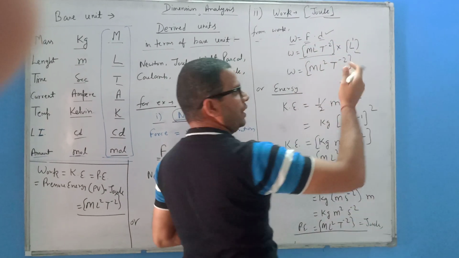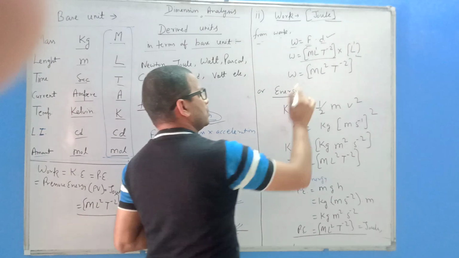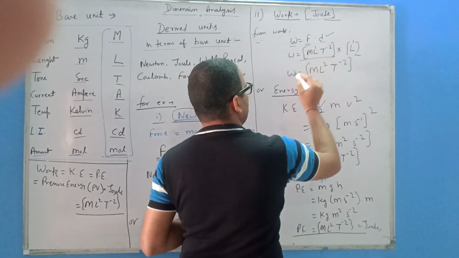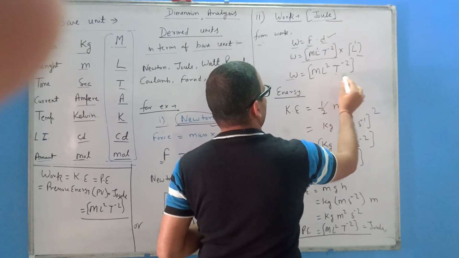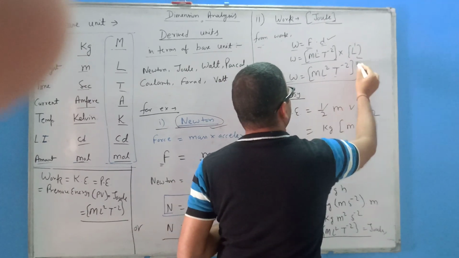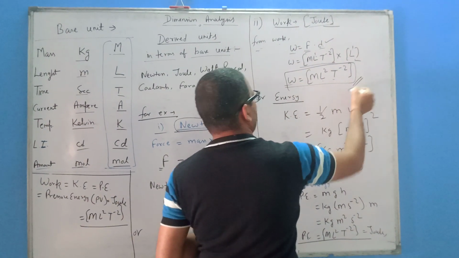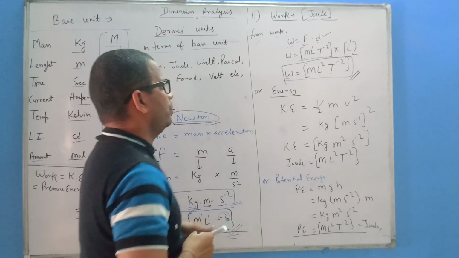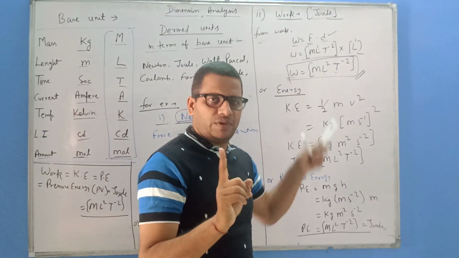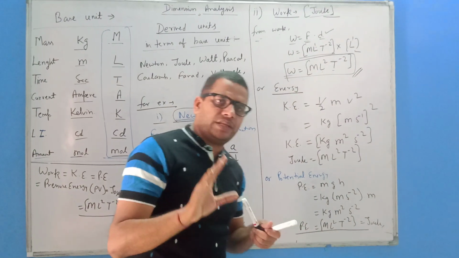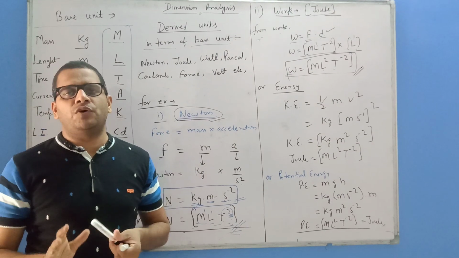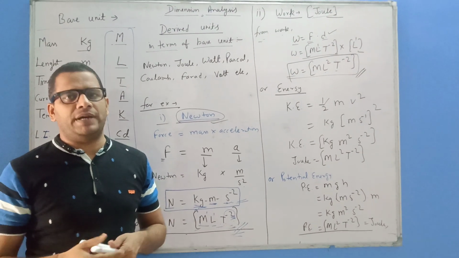In multiplication we add the powers, so 1 and 1 gives power 2. So for work, ML squared T minus 2. Actually this ML squared T minus 2 is the dimensional formula for joule, not only for work. Whenever there is a joule, the dimensional formula will be ML squared T minus 2.